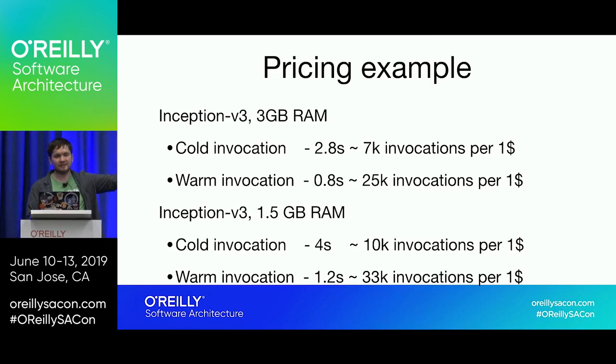So one idea is that you always have to try to make as many warm invocations as possible. Thing number two: although 3 GB RAM provides higher speed, and with a warm invocation you can achieve around 0.8 seconds, it will be pricier than doing the same with 1.5 GB. So you have to balance it. You will get speed, but you will also have to pay more.